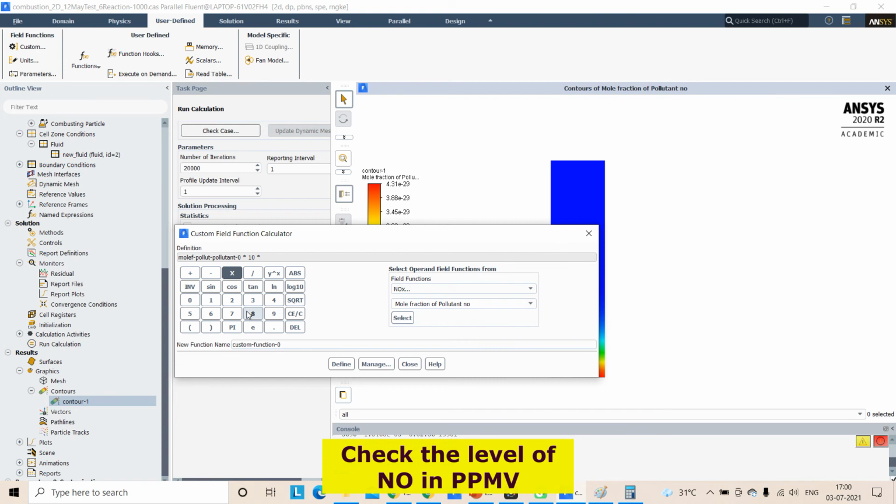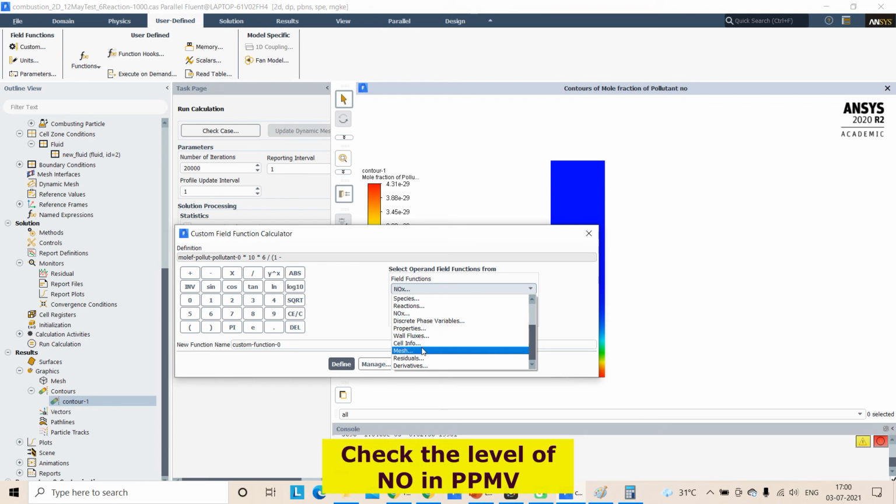If you multiply by 10 to the power minus 6, then you will be in ppm, and then divide by 1 minus the concentration of water.